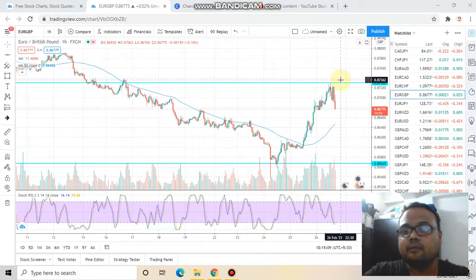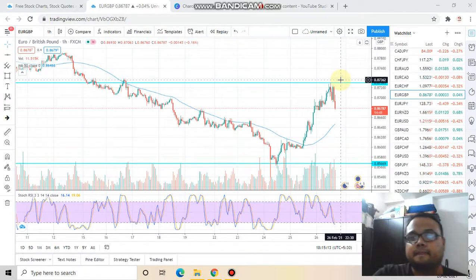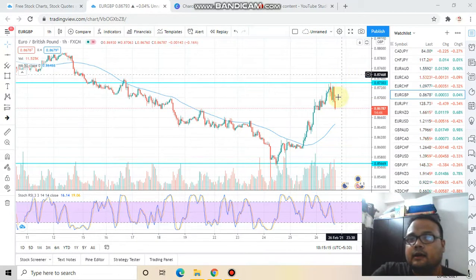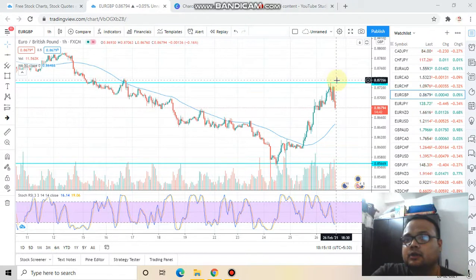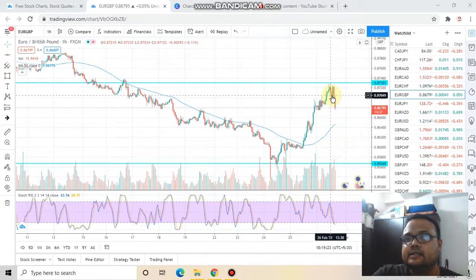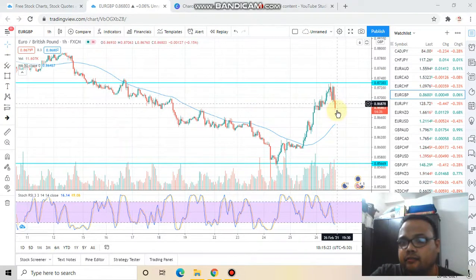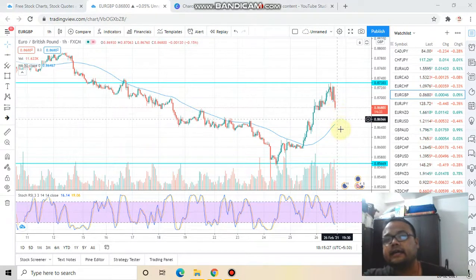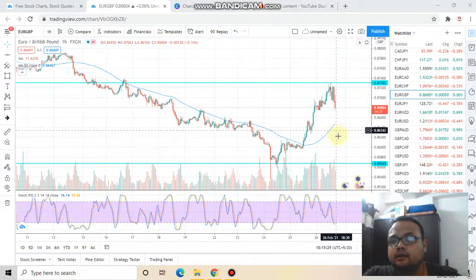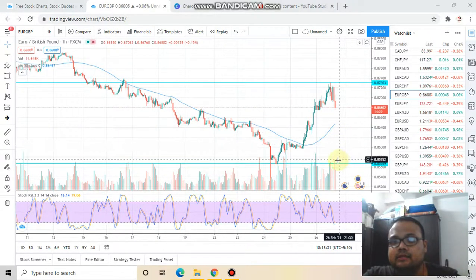To become a consistent profitable trader you need discipline. So wait for the price to cross this level of 8730, and if the market starts coming down again, wait for the 8566 level.